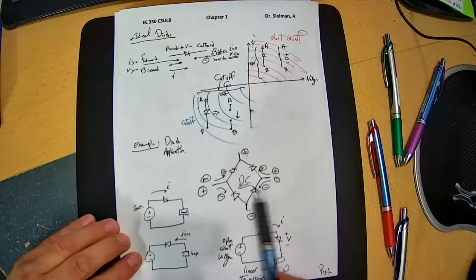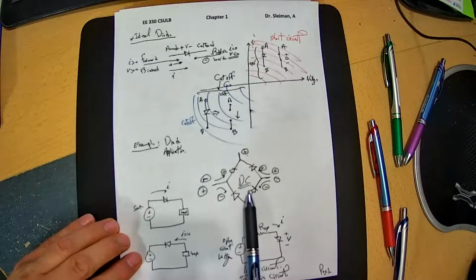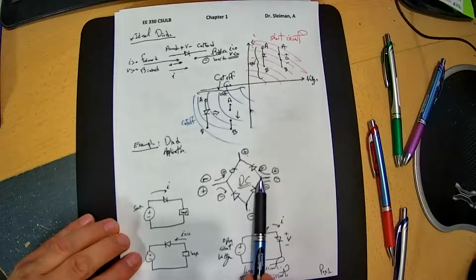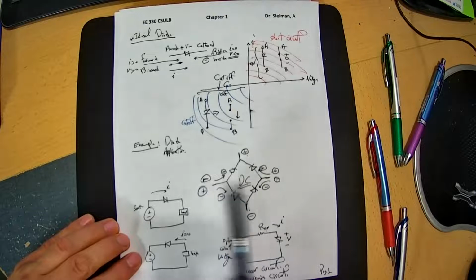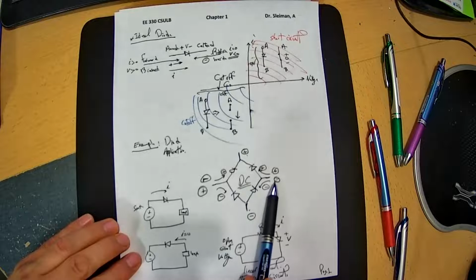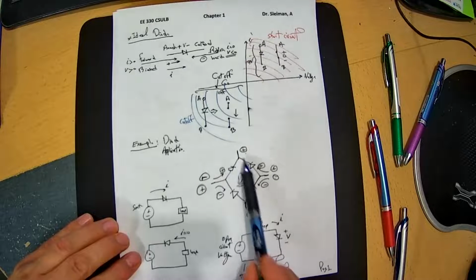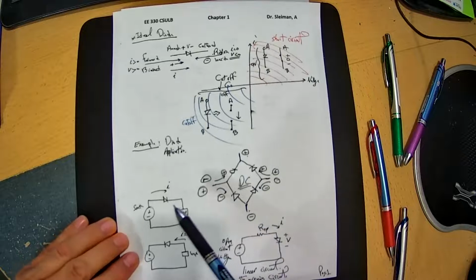A very famous circuit for the diode is the bridge diode circuit with 4 diodes, which ensures that any terminal being positive or negative will always give you a fixed positive here and a fixed negative here.